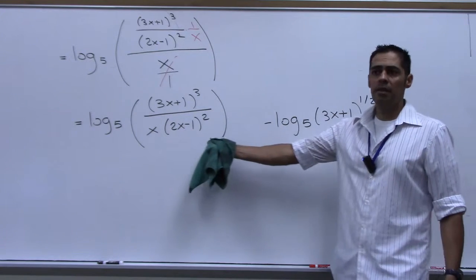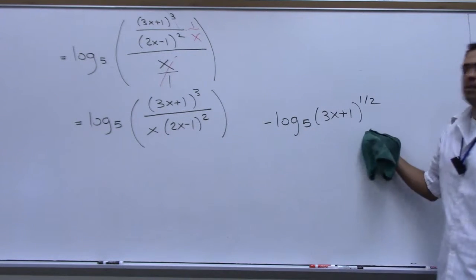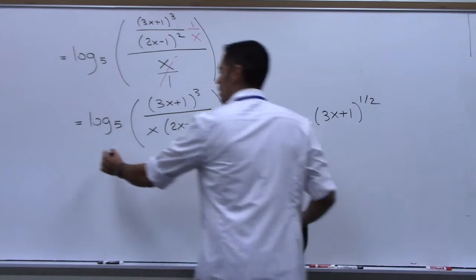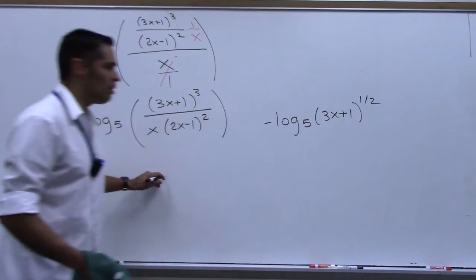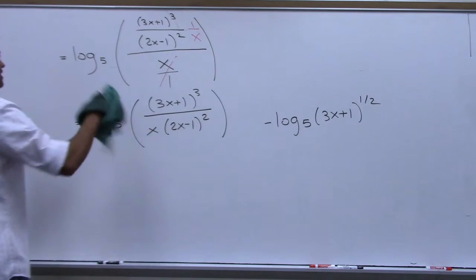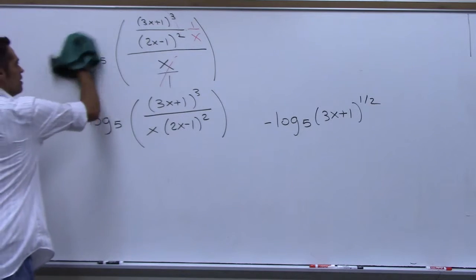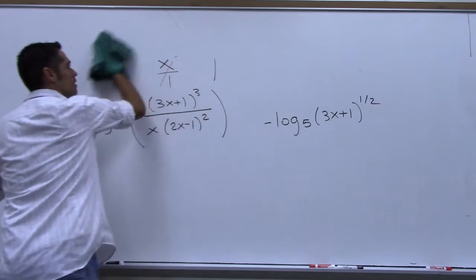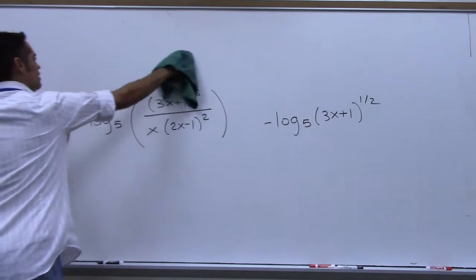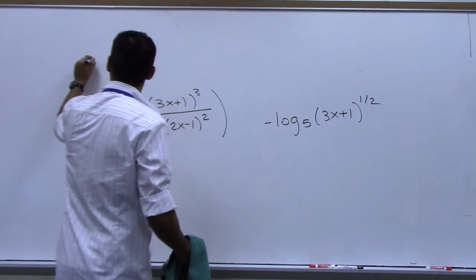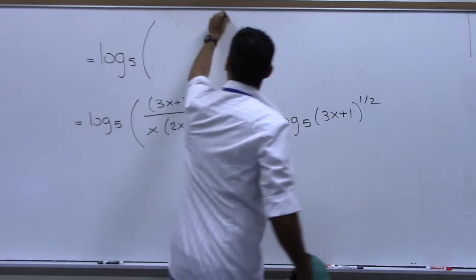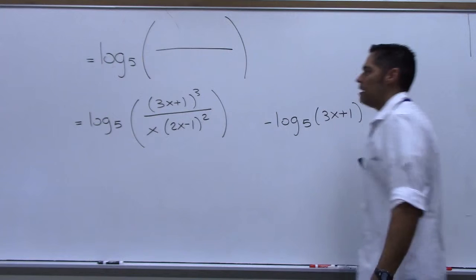Is everyone clear on this? And now I've got minus this one again, right? So I can do that again. So this should turn into a single log, right? Okay, so this is going to turn into a single log of what divided by what?